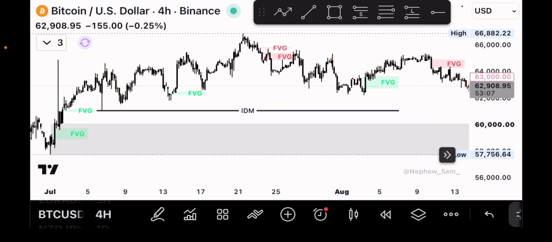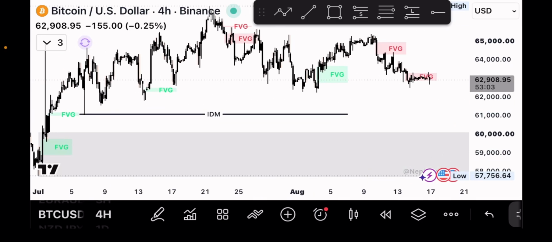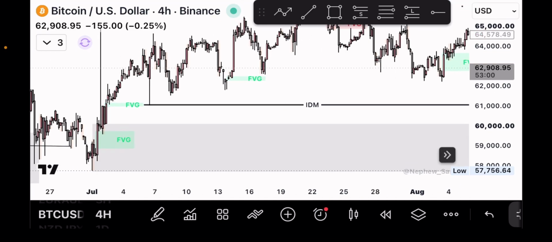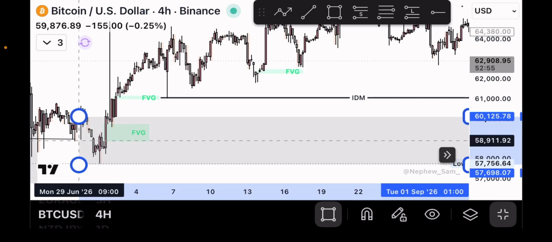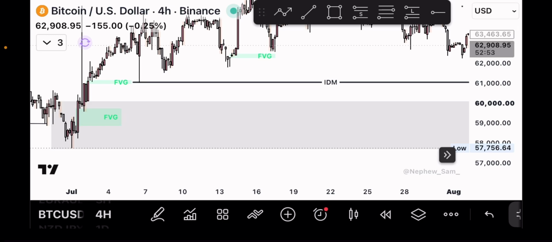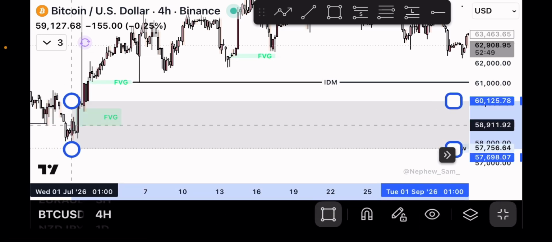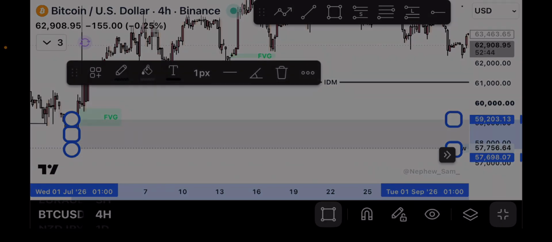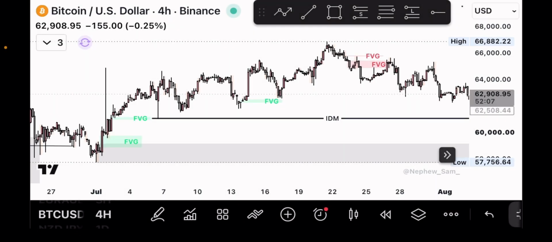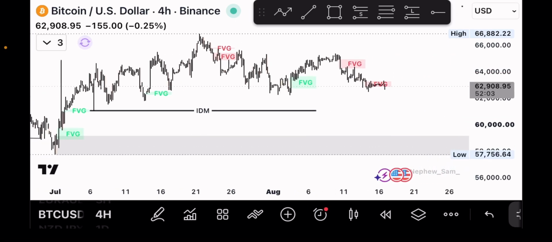But if you refine it, you have a bigger risk to reward. So this is it on the 4-hour time frame. So I'm going to refine the candlestick. I'm going to use this last bullish candle close to that FVG.